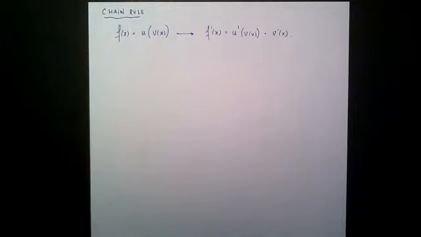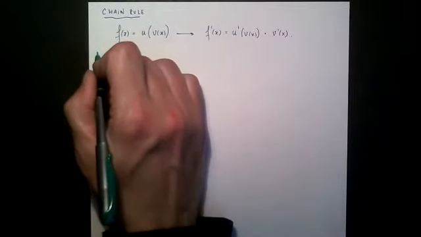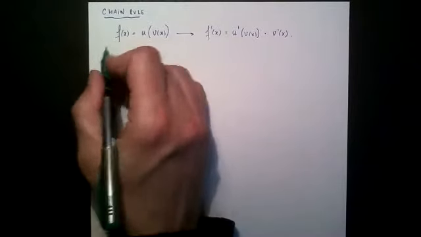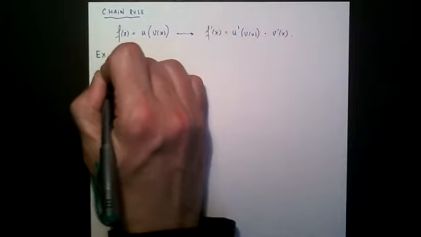Let me show you how this works. Once you're comfortable with how this works, we will do some examples. I will prove it once we do the examples so you understand how it works. So here, example.